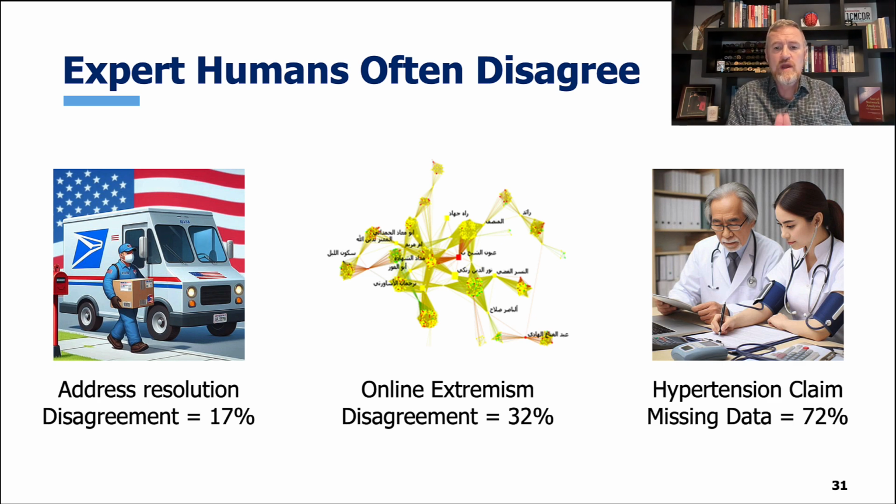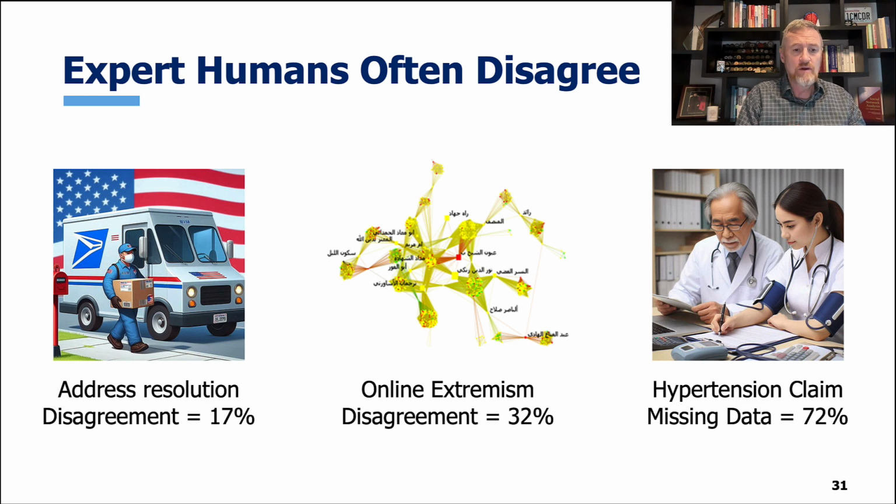When we train AI algorithms, we're usually training them on labeled data. The data is labeled by humans, and expert humans often disagree on what that label should be. Just to give you an example, when the post office was dealing with address resolution issues when mailing out COVID test kits, we were trying to create a classifier to identify what the issue was, and there was one of 5 different classes.